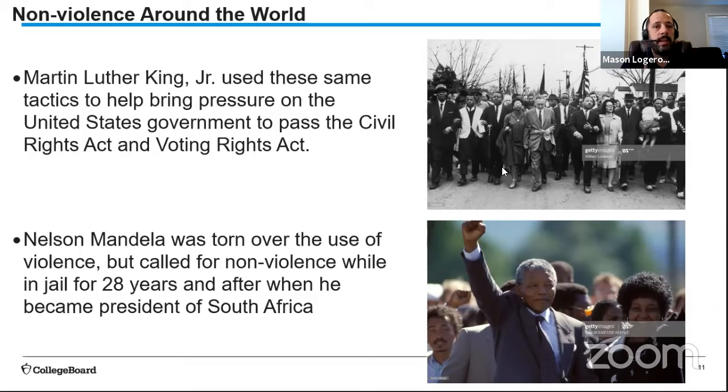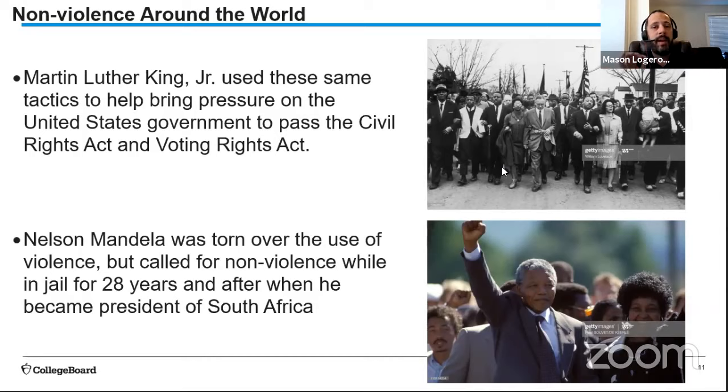But the amazing thing is, in the 1990s, apartheid finally came to an end. Some of it was because of what Mandela did, other parts because of international pressure on South Africa. But he eventually became Prime Minister of South Africa.